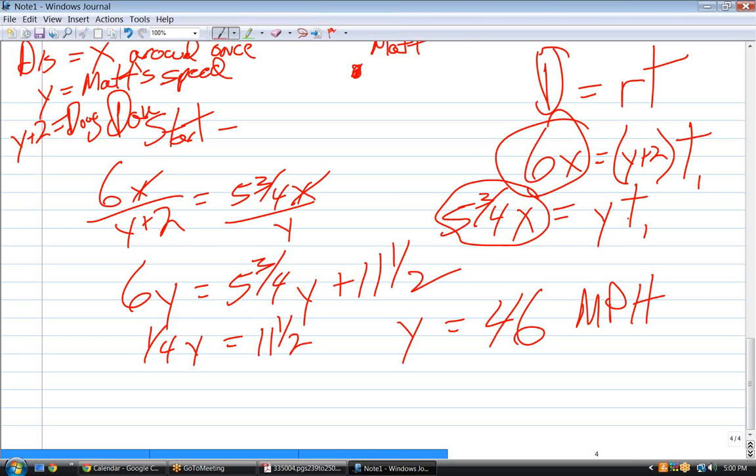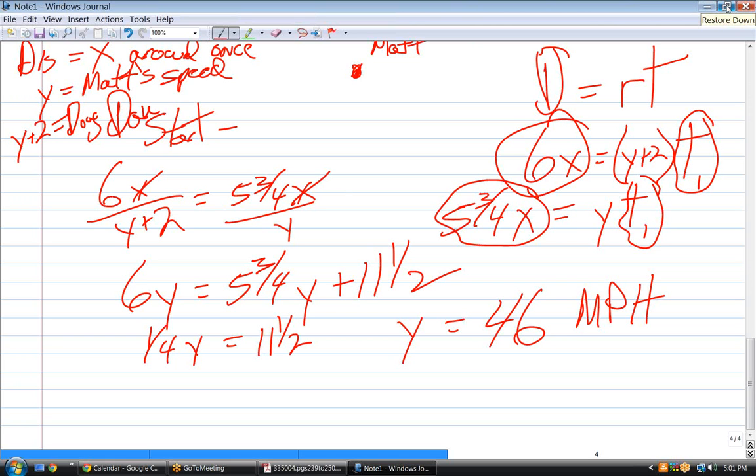If I solve this one for t sub 1, I get 5 3/4 x divided by y. And since the t sub 1's are equal to one another, I set that equal to that. Oh, I think that equation would work. I think those are correct for the main equation you have.